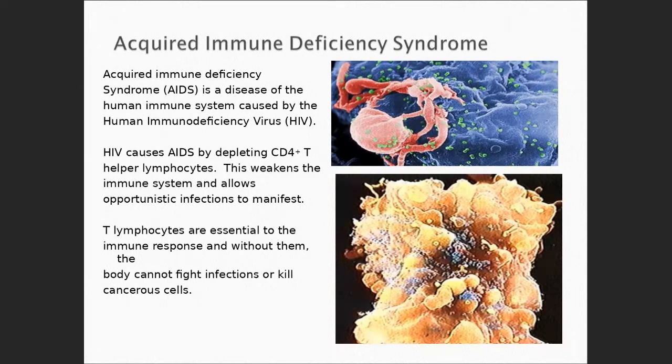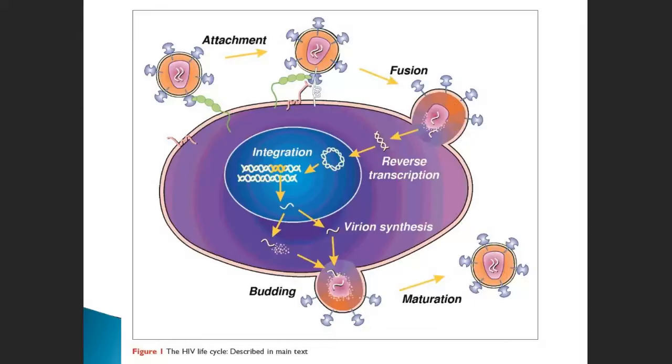So here in this top image, you're seeing one of the first electron micrographs showing a T4 helper, and the little green structures are the HIV virus, which are infecting the cell itself. When it does that, again, it takes over the cell's machinery, the cell's biochemistry.